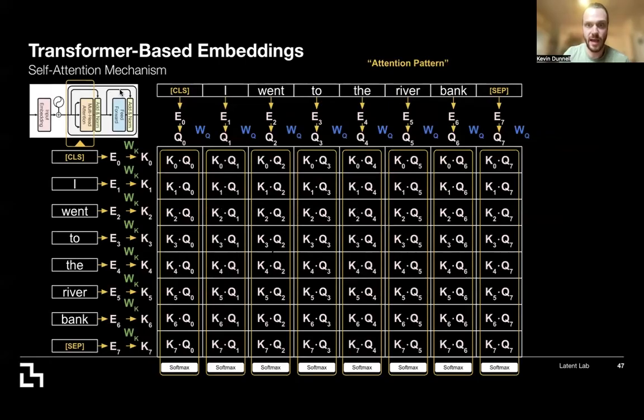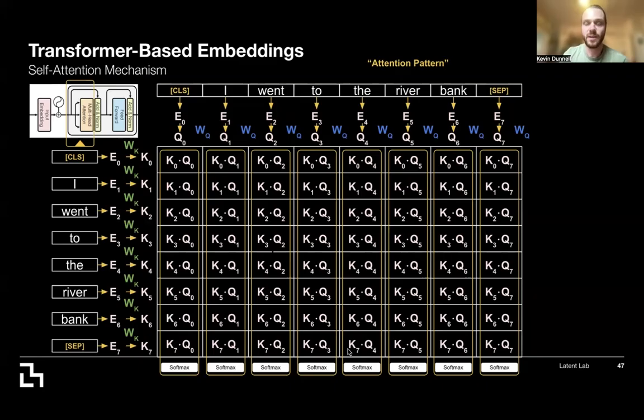And so after we've done this, we've essentially created what was referred to as the attention pattern. We then take the softmax of each one of these columns to get a distribution across all of the tokens on how they influence each one of these tokens in the column.